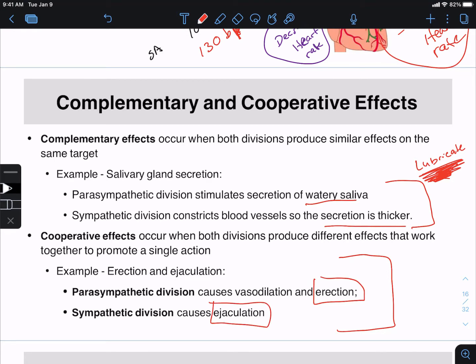Same purpose, reproduction, but different effects: with the parasympathetic nervous system, we're causing vasodilation and the engorgement of the penile tissue, so that we can get penetration during sexual activity, whereas sympathetic is going to cause the spasming of those smooth muscles to eject the semen. So they complement each other without being the same.